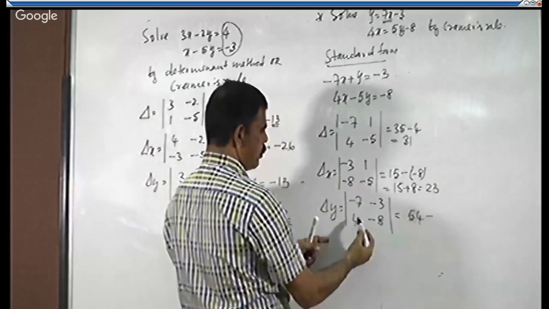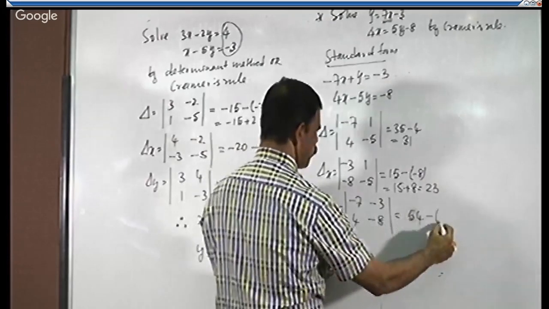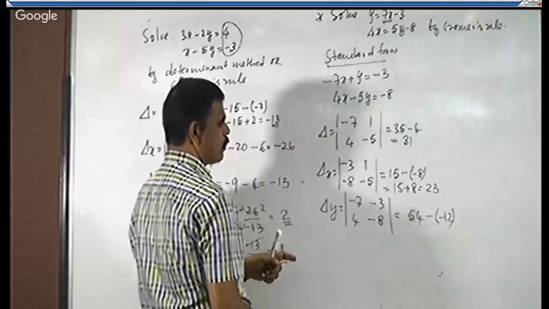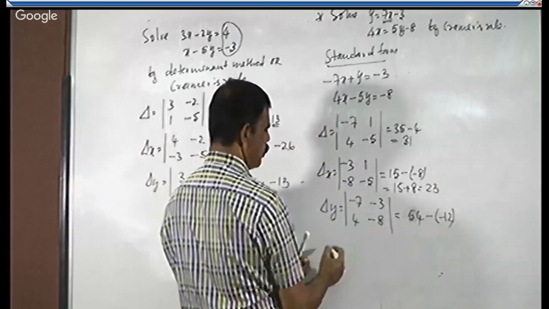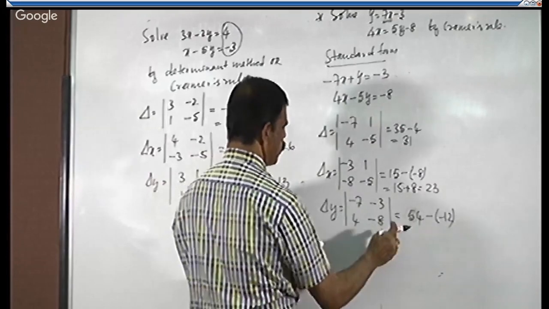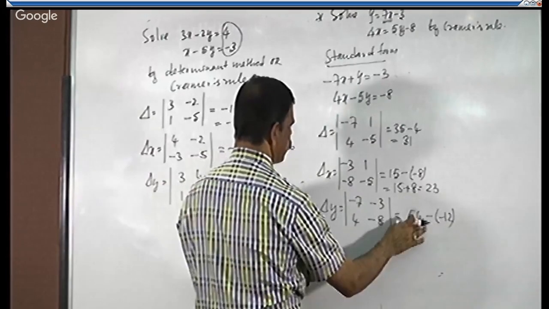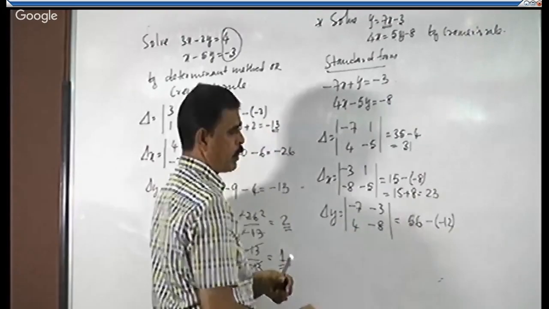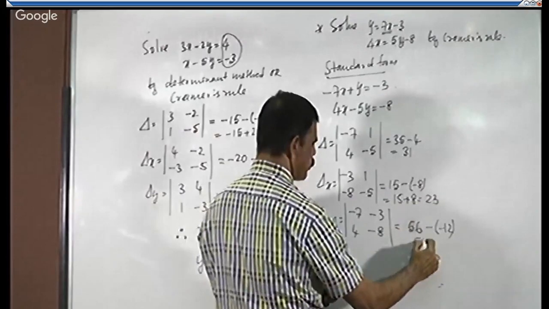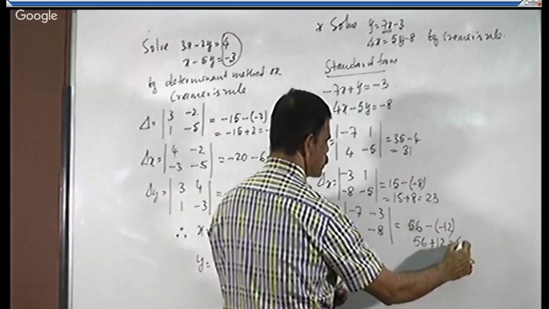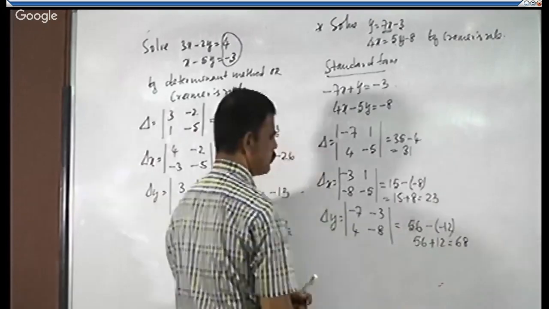Minus 4 into minus 3, minus into minus plus 12. It is equal to 68.